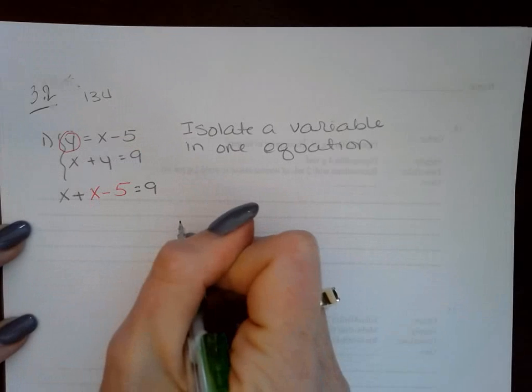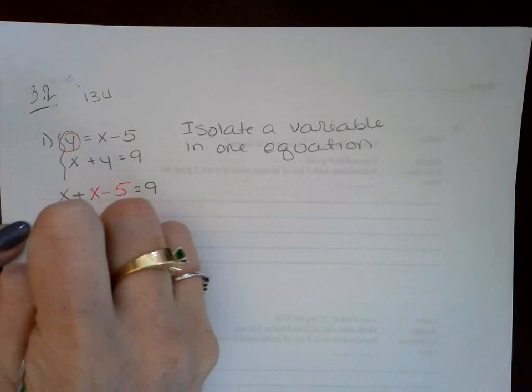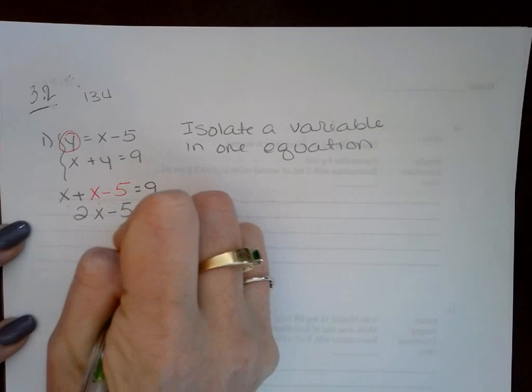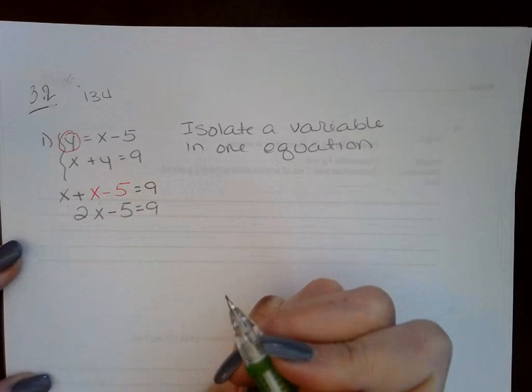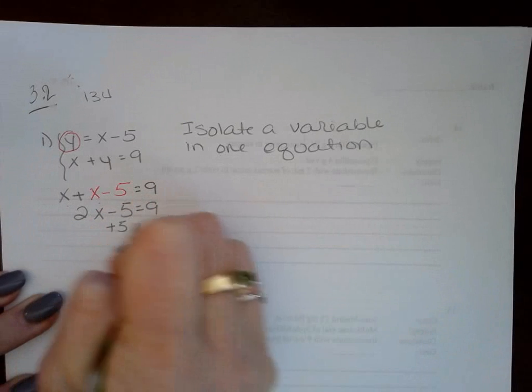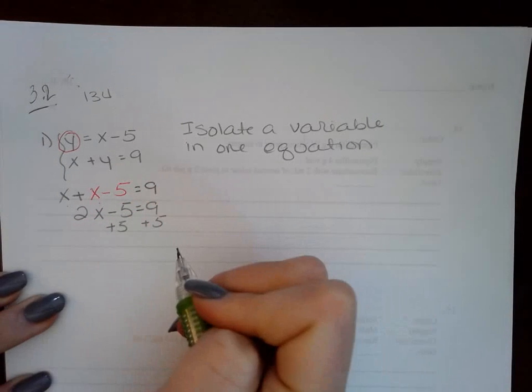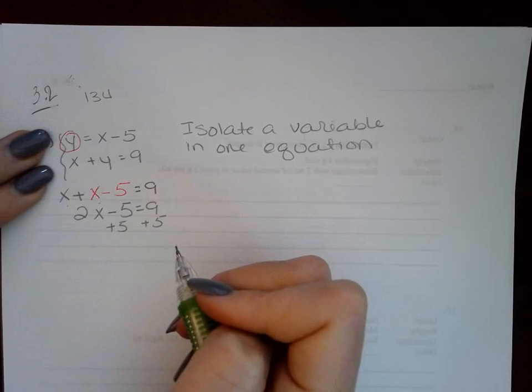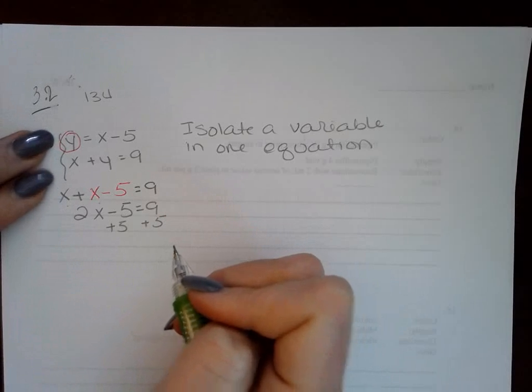We combine our like terms, so x plus x is 2x, the minus 5 stays, is equal to 9. Now we need to isolate x, so we add 5. Because when we're given this, we have two variables, and we can only solve for one variable at a time.